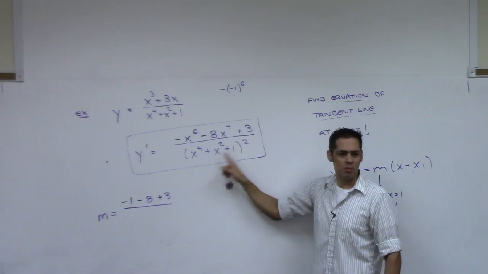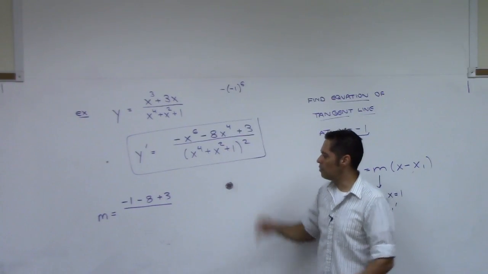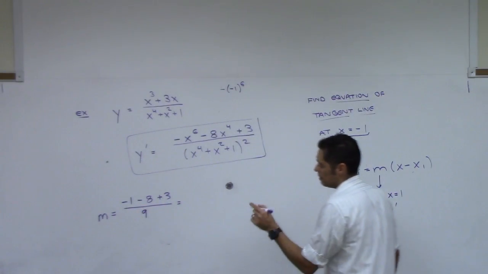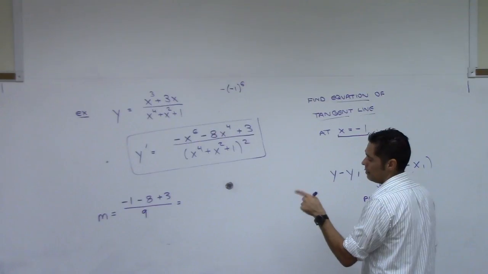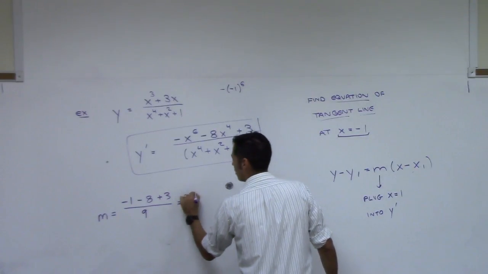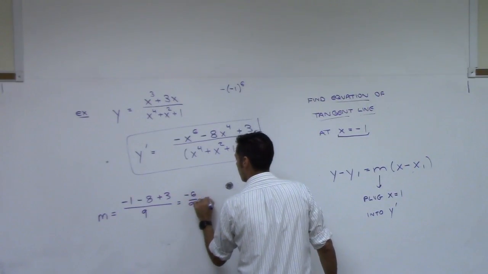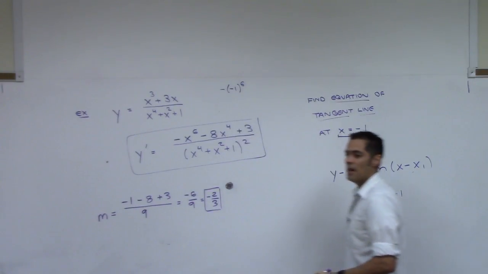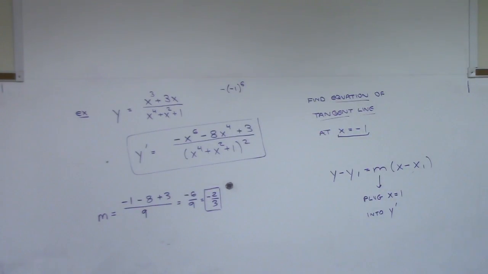So this is 1 plus 1 plus 1, which is 3 squared, which is 9. And on the top, we get -9 plus 3, so -6 over 9, which is -2/3. So the slope of the tangent line at that point is -2/3, right?